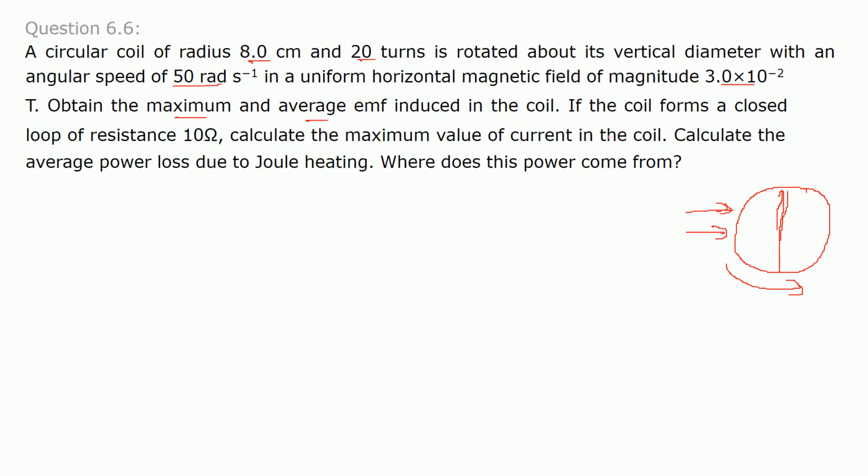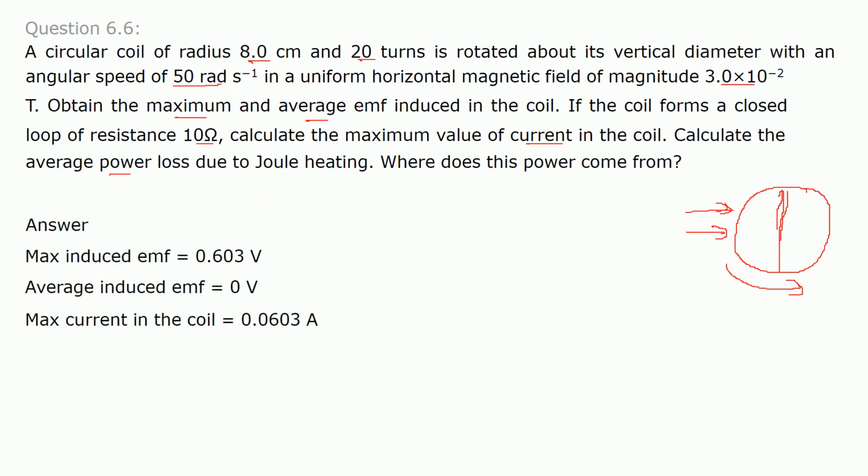If the coil forms a closed loop of resistance which is given as this much, calculate the maximum value of current in the coil. Calculate the average power loss due to joule heating. Where does this power come from? So what all are given to us? We'll write the value. The maximum induced EMF is this much, average is this much, maximum current in the coil is this much.